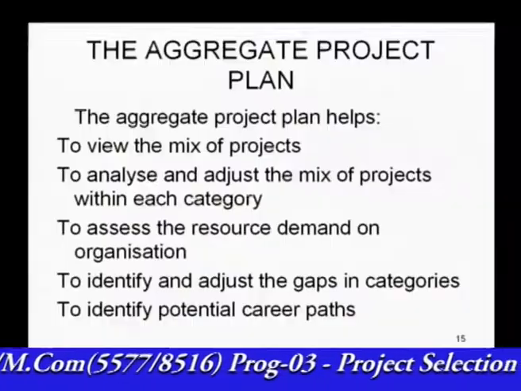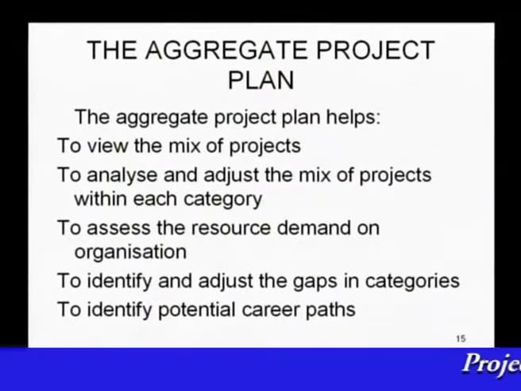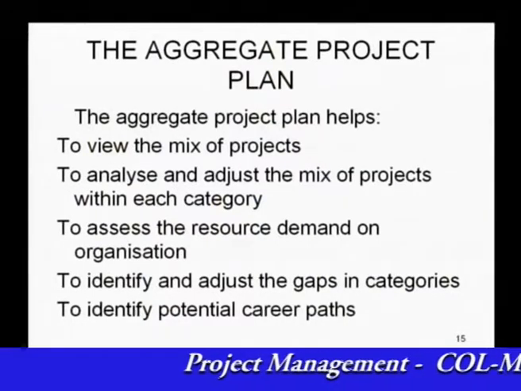Portfolio planning results in an aggregate project plan. The aggregate project plan helps in viewing us the mix of the projects, which means that we have to take projects not of one kind only, but we may take some platform projects, some research and development projects, some projects which are of only incremental nature.